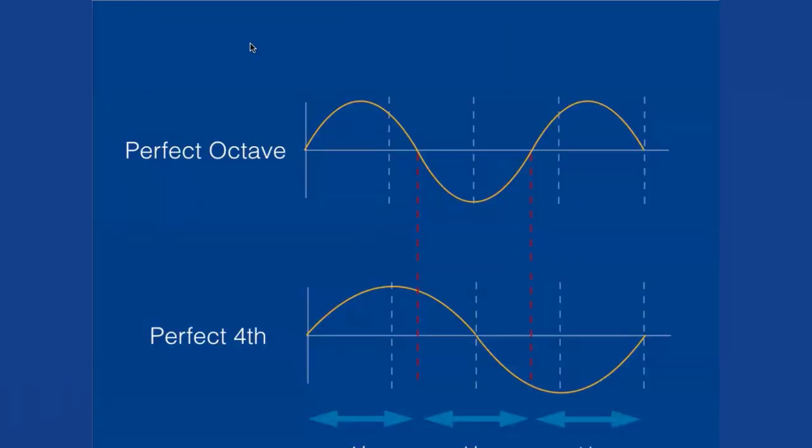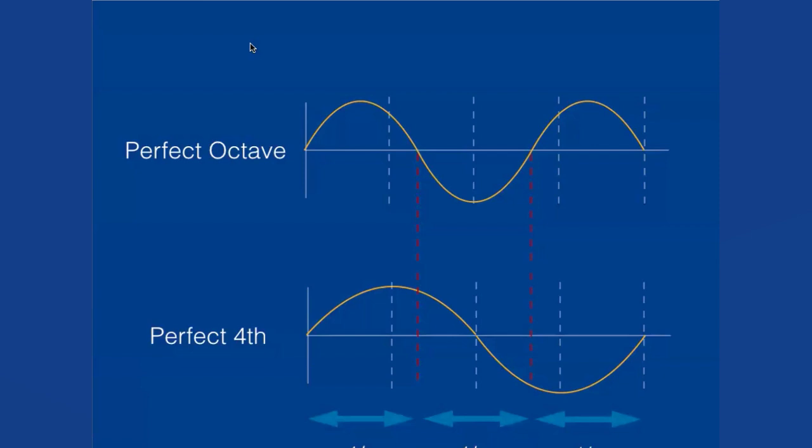So this is the perfect octave as I play the top octave here, which works with that note, which is 2/3 of the value. If you look at the full wave, it's 1.5 cycles there, but you can see it crosses the line 3 times in the perfect octave.